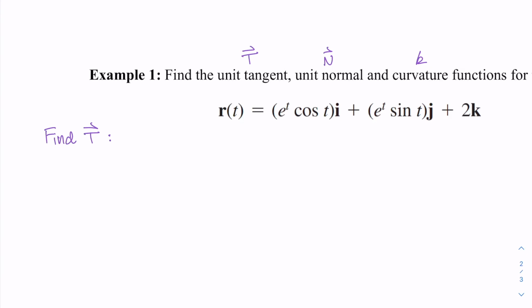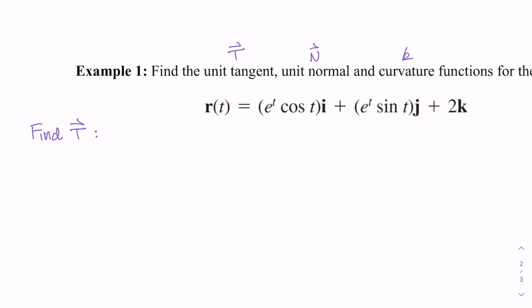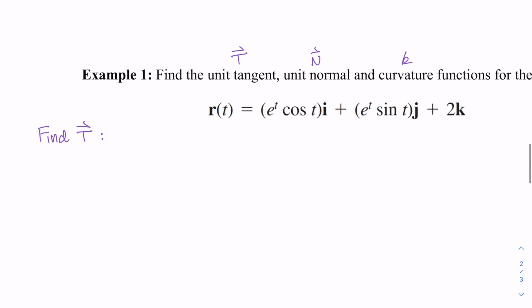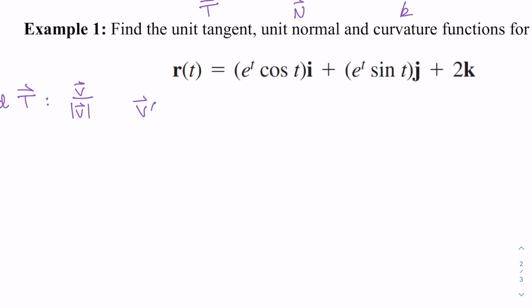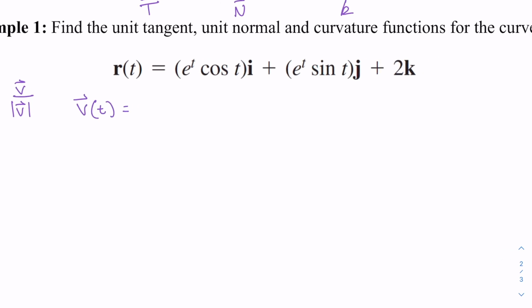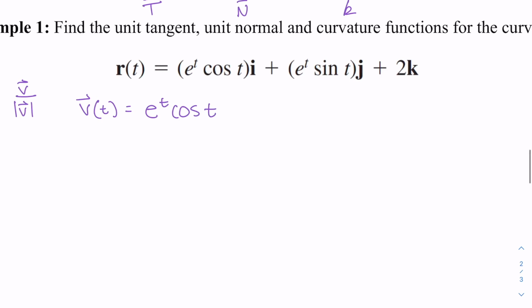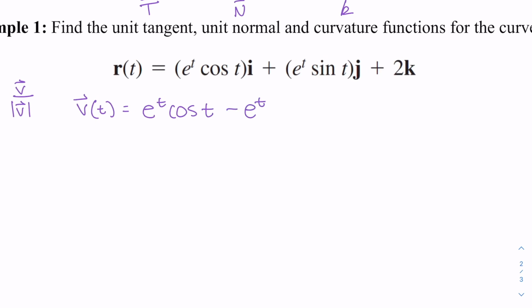So if you remember, the formula for the unit tangent vector is equal to the velocity vector over the magnitude of it. So let's first calculate the first derivative, v of t. In this case, that'll be equal to e to the t cosine t minus e to the t sine t, all of that in the i direction.